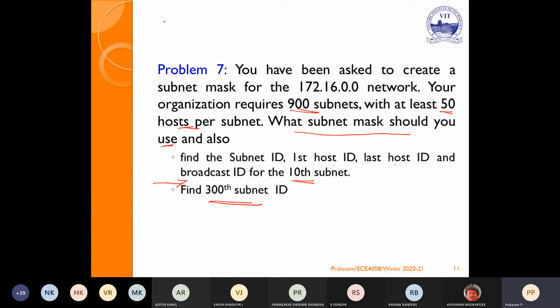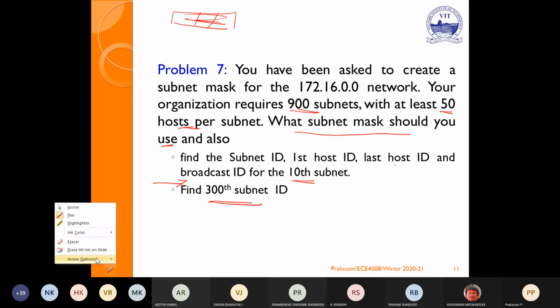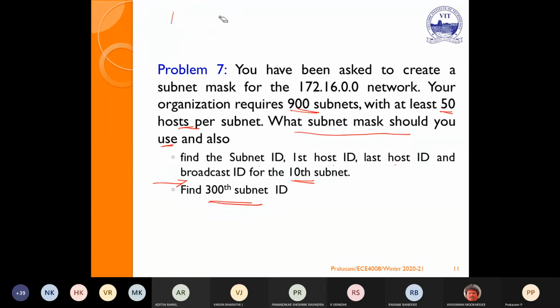So this is class B. The first two fields are the network.